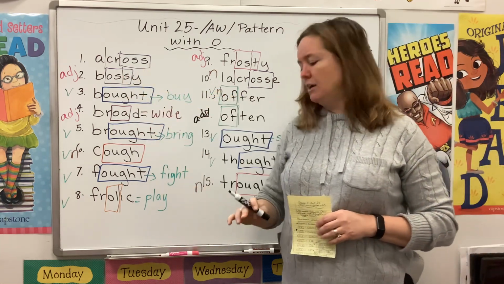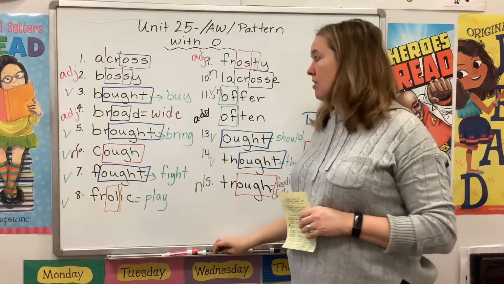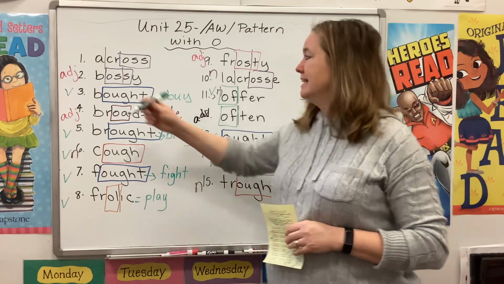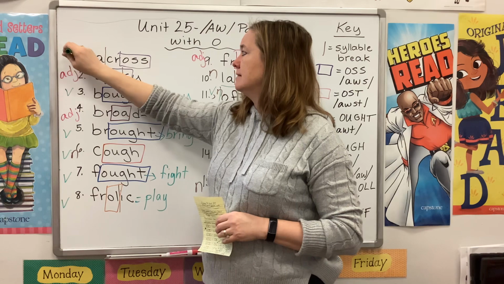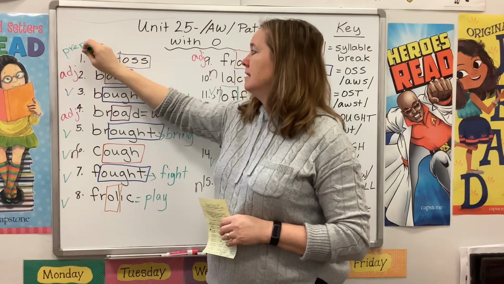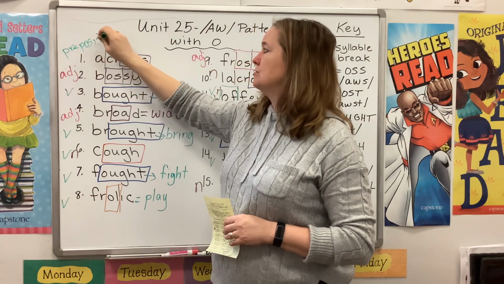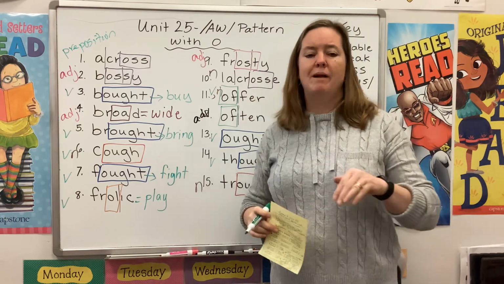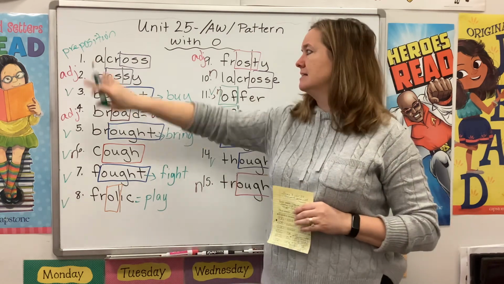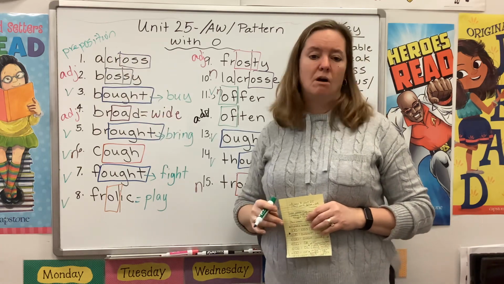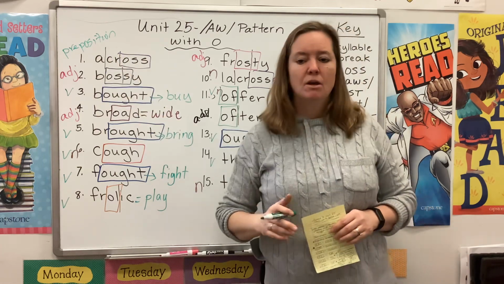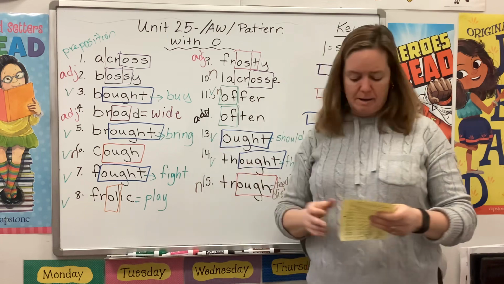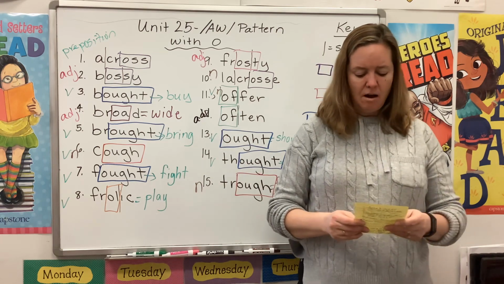Across is actually, we haven't talked about this at all, but across is a preposition. A preposition describes where something is happening. Under, over, around, between, behind, across. Those are all prepositions.